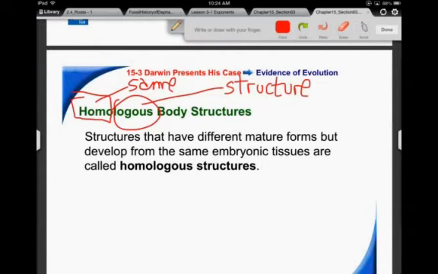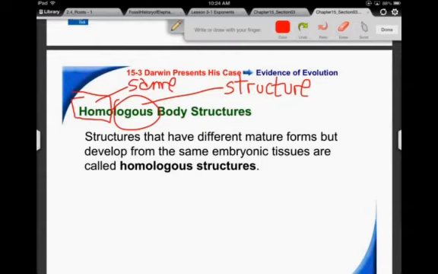Looking at chordates, anything with a stiff rod up its back, we can see that there is a radius and ulna in each of these arms. We can see what amounts to some wrist bones and hand bones, carpals and metacarpals to be exact.